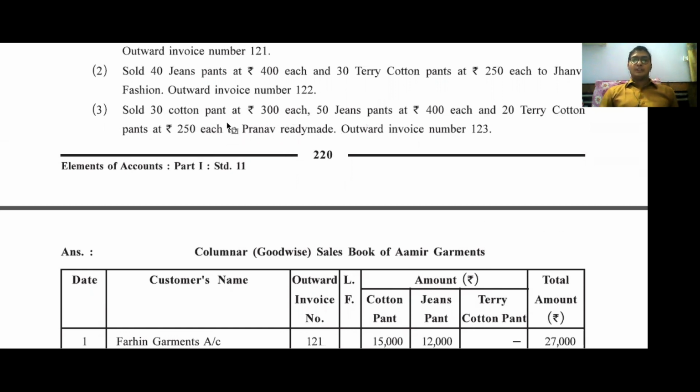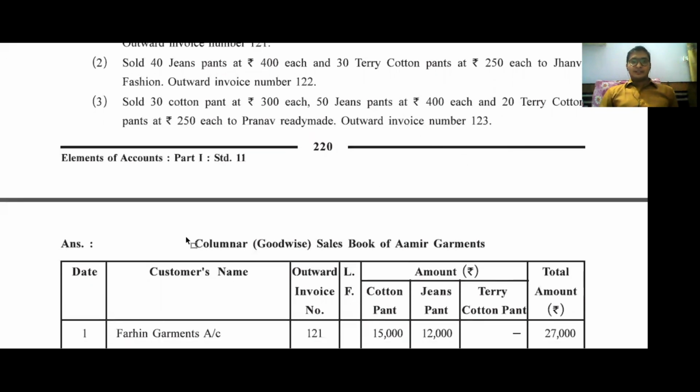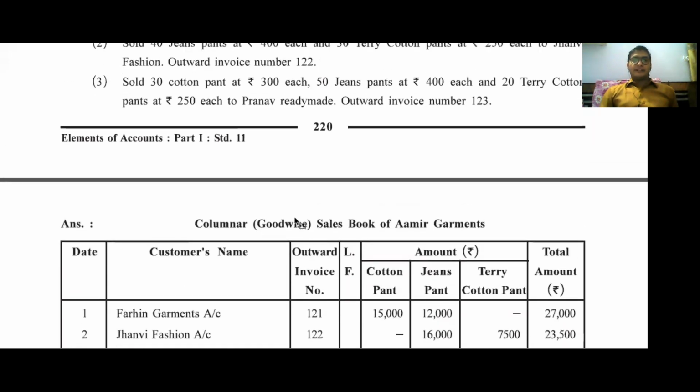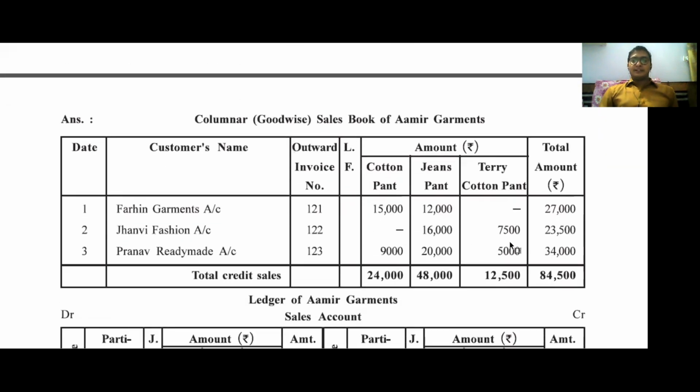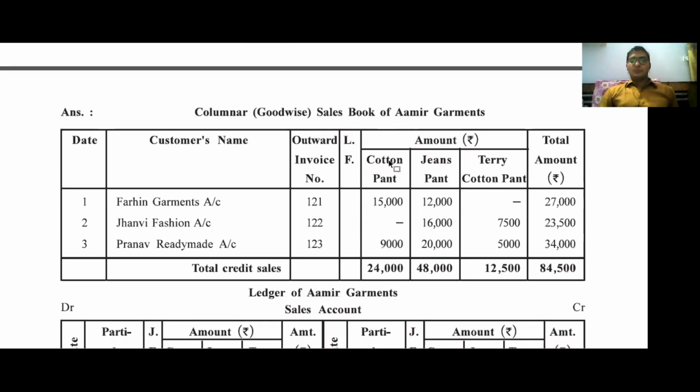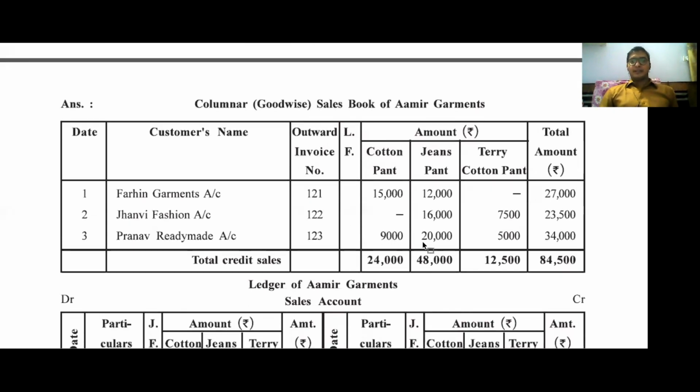So the customer is Pranav Readymade, outward invoice number 123, and multiply 30 into 300, 50 into 400, and 20 into 250 in these three columns, and the total of all these is 34,000. Finally, there are only three transactions, so now we have to total cotton pant, jeans pant, and terry cotton pant.